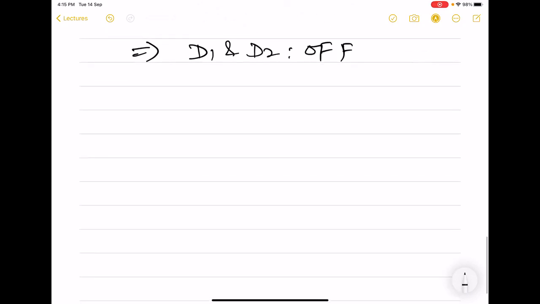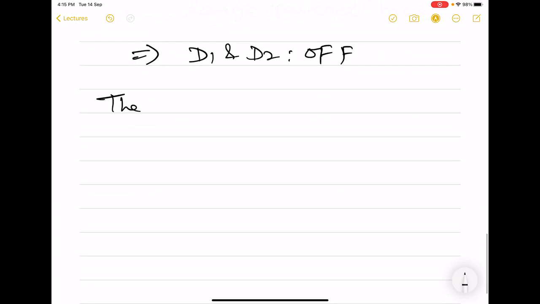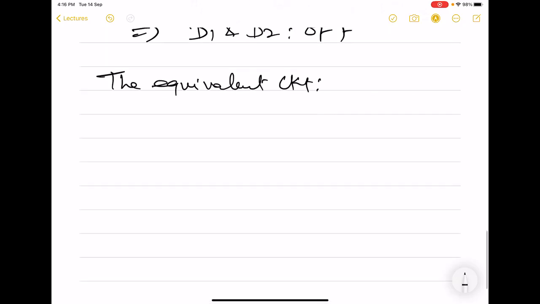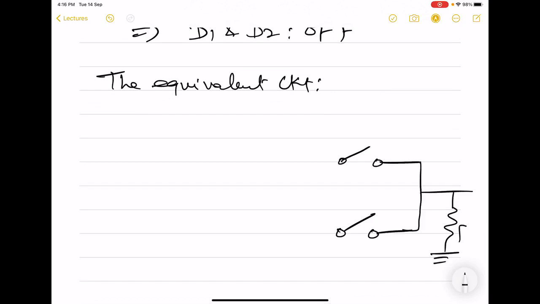If they are off, then the equivalent circuit is now like this: D1 is open circuited, D2 is also open circuited, and here we have our load.